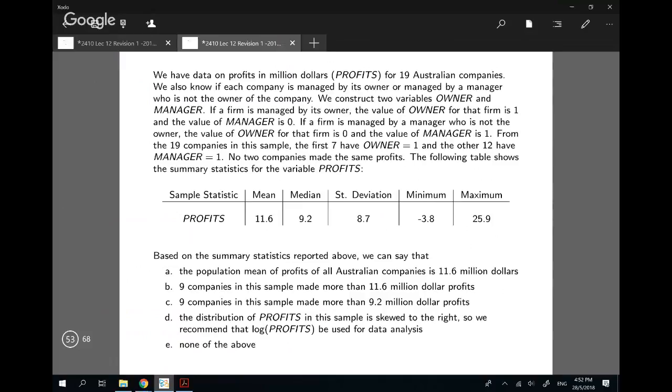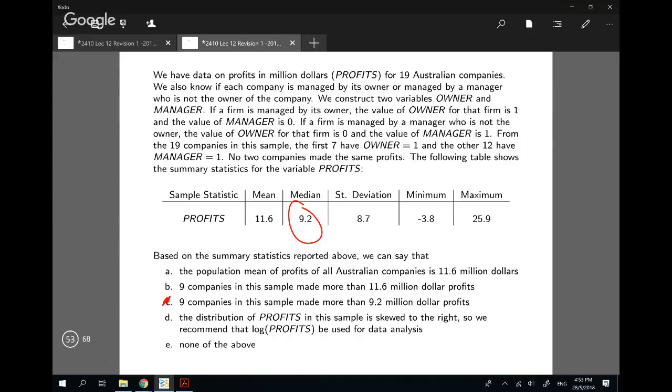9 companies in the sample made more than 9.2 million. That's the median, 9.2. 9 companies, that's specific. So let's look at option A: the population mean of profits is 11.6.